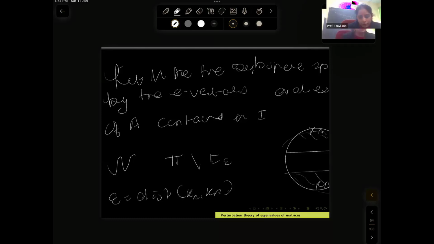And then what will happen? How many eigenvalues of A does K_A have? K. How many eigenvalues of B does K_B have? At least N minus K plus 1.